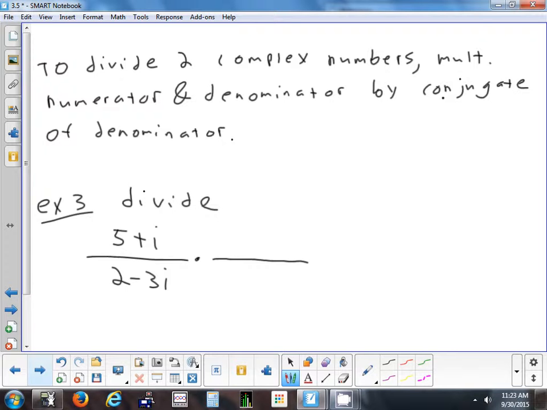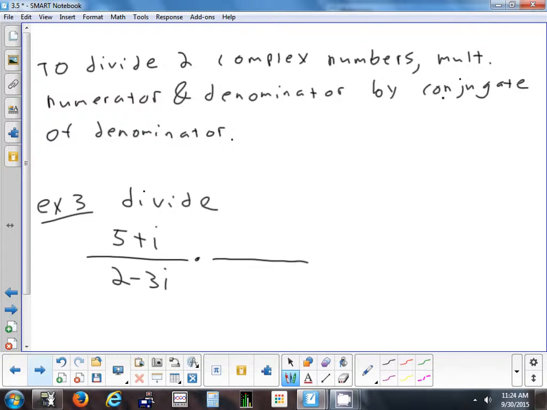So to do division, multiply top and bottom by the conjugate of what's in the bottom. And you'll see why we're going to multiply by the conjugate. That's going to do something very nice to the bottom. And as we go through it, you'll see.